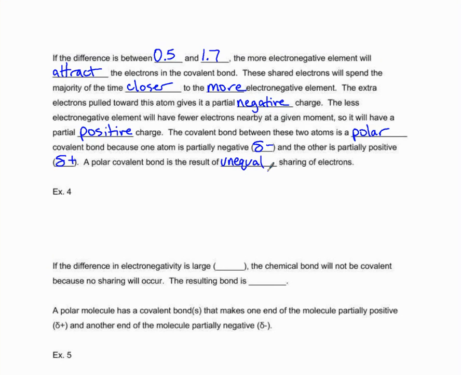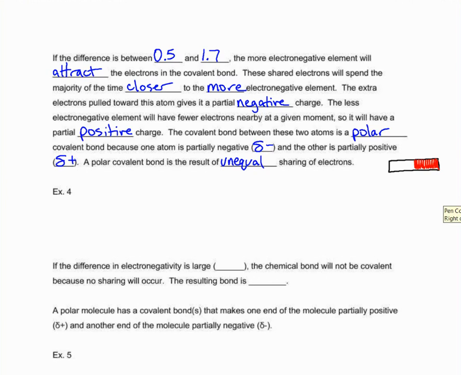So if you wonder why this is called polar, and you understand that it has a positive and a negative end, partial positive and a partial negative end, you might think of something like a magnet, which has a north end and a south end. It has two poles.